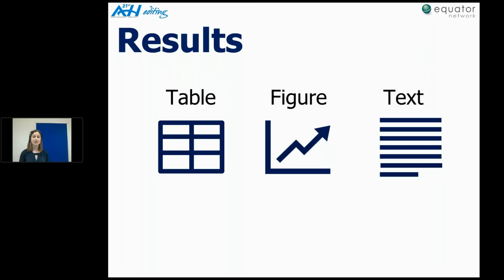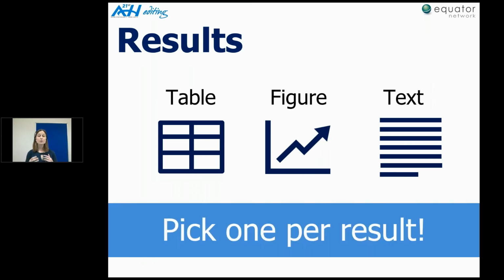And you can show your results using tables, using figures, and using text, whichever is most appropriate for your study, and looking at what your journal allows you to do. They may have a restriction on number of tables or number of figures, but don't repeat the data in more than one format. So you may have a big chunk of data sitting in a table.